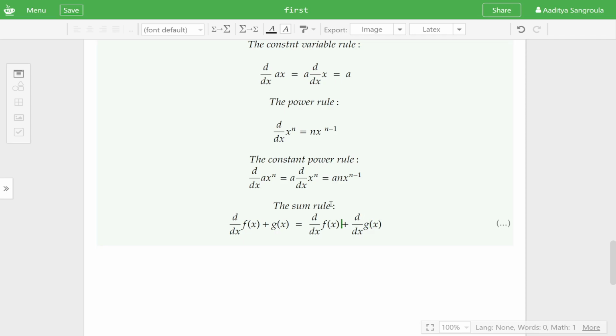It can be either plus or minus, depending on the sign. So it's going to be written in this way.